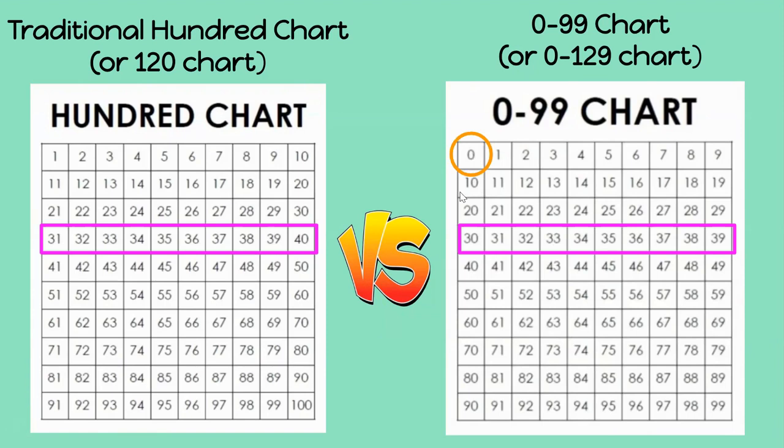This chart also includes the number 0. 0 is kind of a tricky thing to conceptualize for our students, and it's not something we usually say when we're counting, but it is important in seeing that pattern of counting.